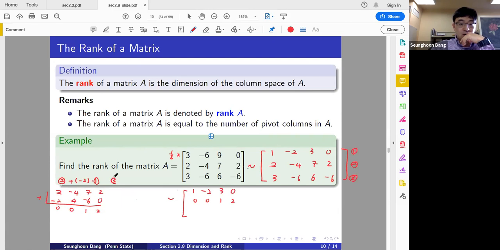Next, the third row plus -3 times the first row. We have 3, -6, 6, -6.